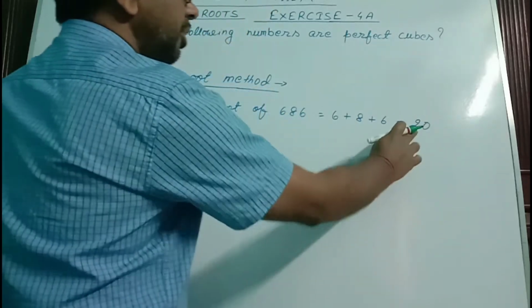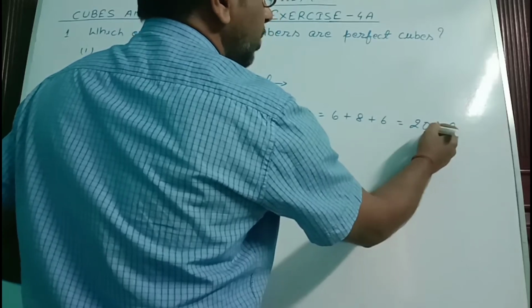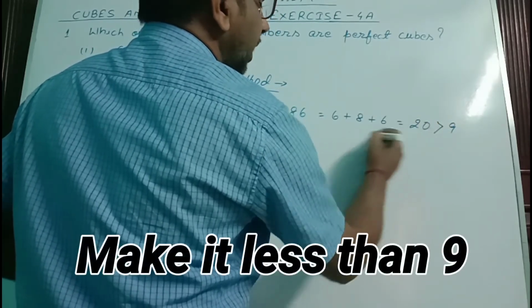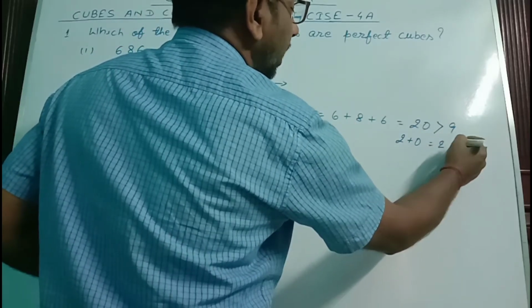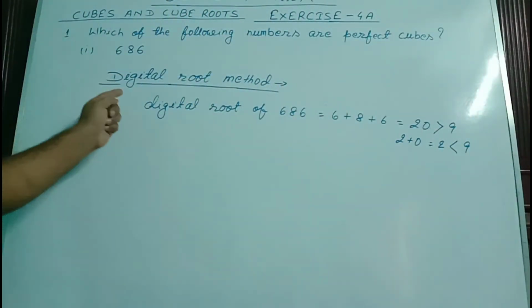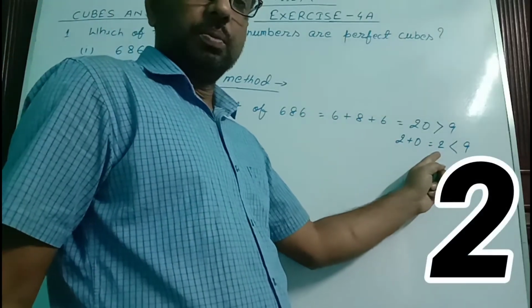We are getting 20. But this is more than 9. So to make it 9 or less than 9, again these 2 digits will add. So this became now 2 plus 0 equal to 2, and this is less than 9. So the digital root of 686 became 2.